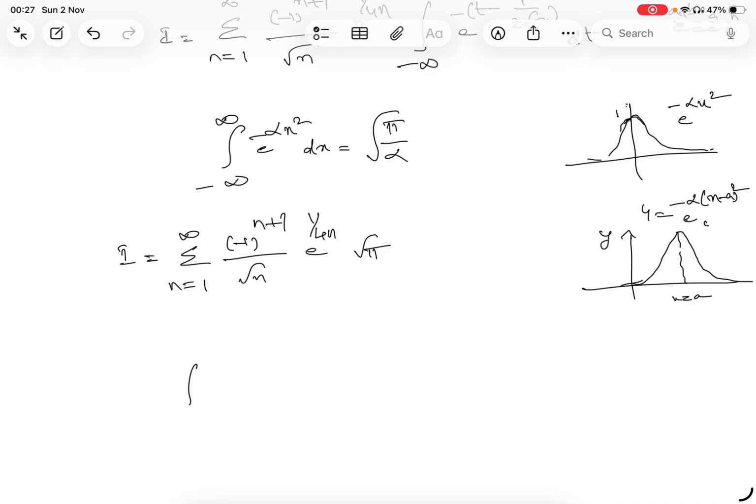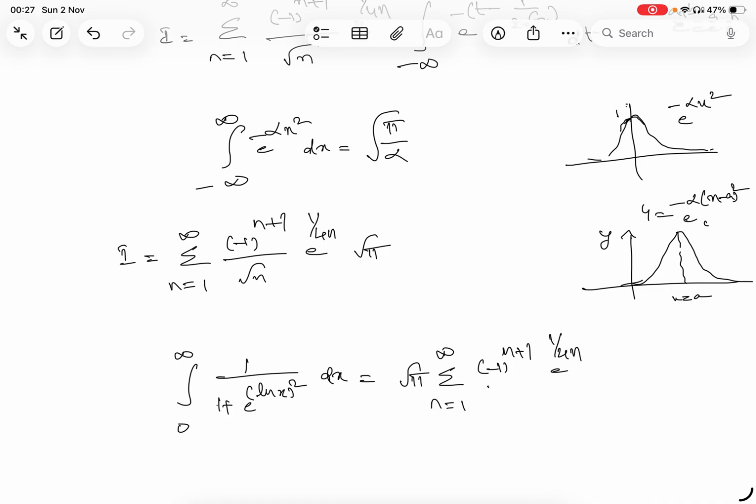I, integral 0 to infinity 1 by 1 plus e power ln x whole square dx, is root pi into summation n equal to 1 to infinity (-1)^(n+1) into e power 1 by 4n by root n. So this is the final solution.